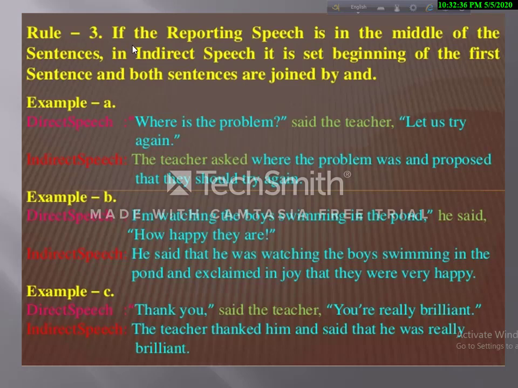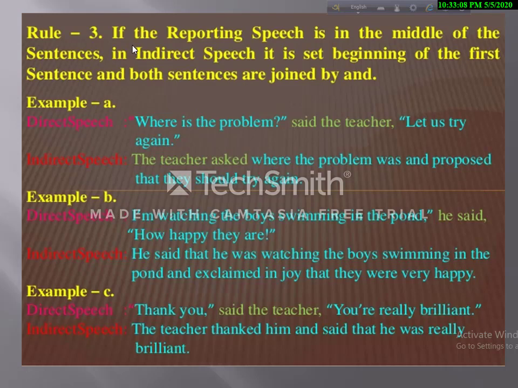At that time too, your action will be to write the reporting verb first, and then you will add these two sentences spoken by the same speaker with the word "and."